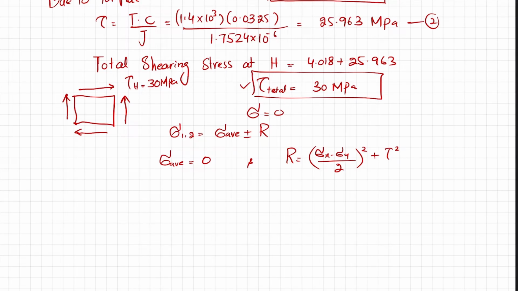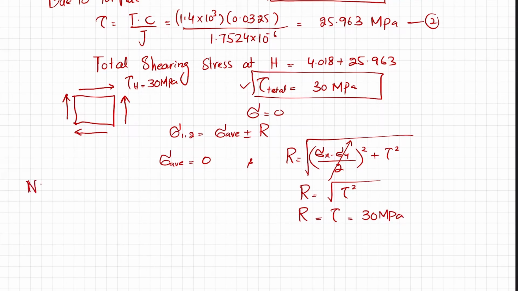Here we have total tau, so this term is 0 because there is no stress, so R will be equal to under root tau square. After the square cancels with the under root, we have tau, and we know that this tau total is 30 megapascal.